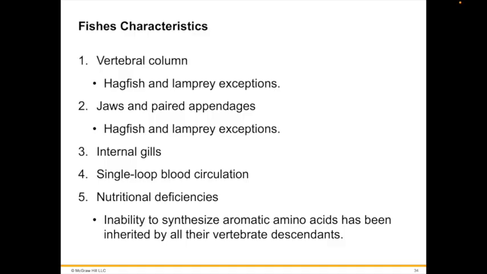Fishes exhibit five key characteristics: a vertebral column, jaws and paired appendages, internal gills, single loop blood circulation, and nutritional deficiencies. The inability to synthesize aromatic amino acids has been inherited by all their vertebrate descendants.